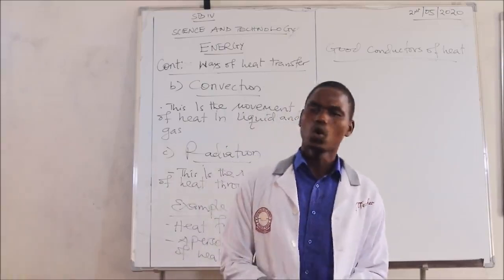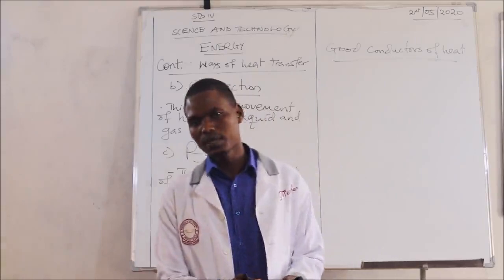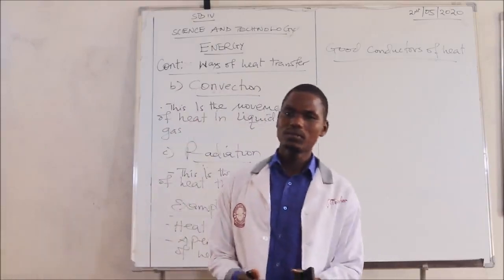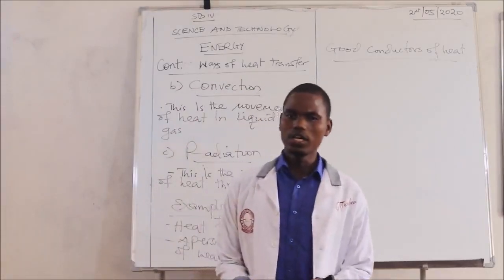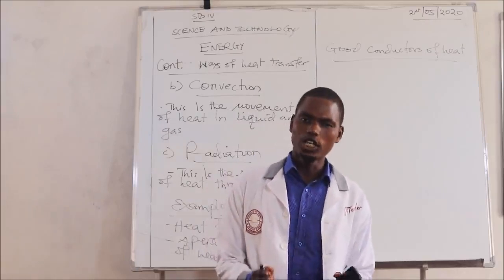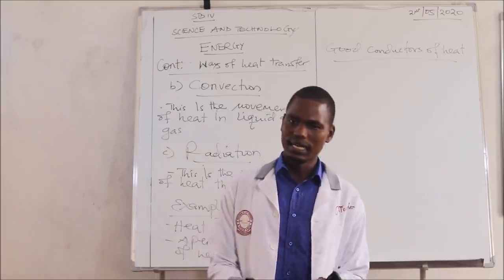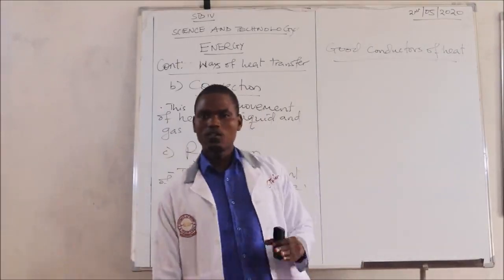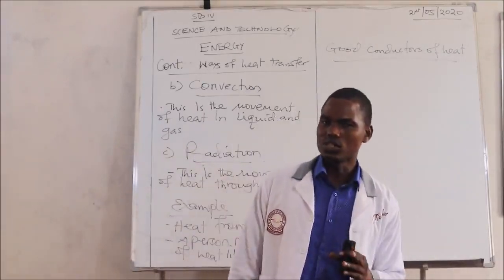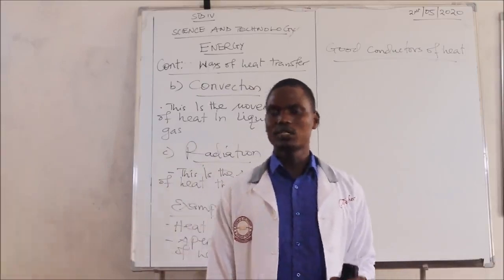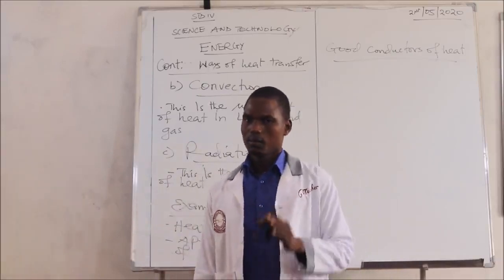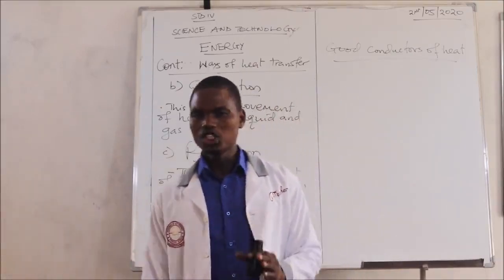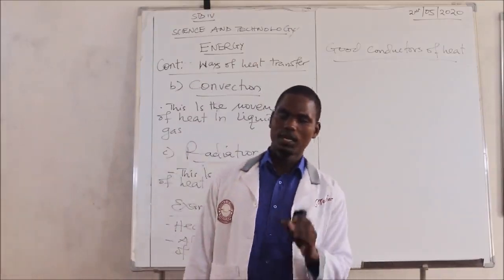There are some materials which allow it to pass through them easily, while there are those materials which do not allow it to pass through them easily. Now, starting with good conductors. Good conductors of heat are the materials which allow it to pass through them easily.